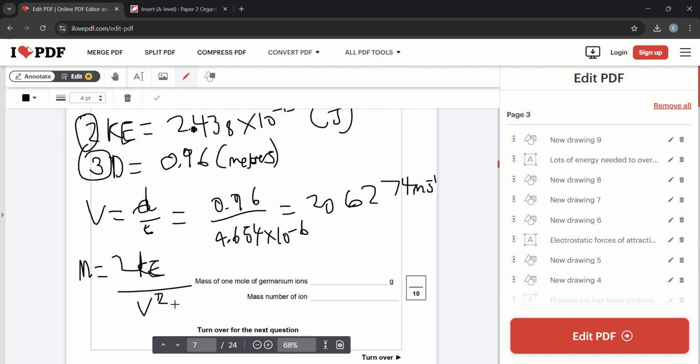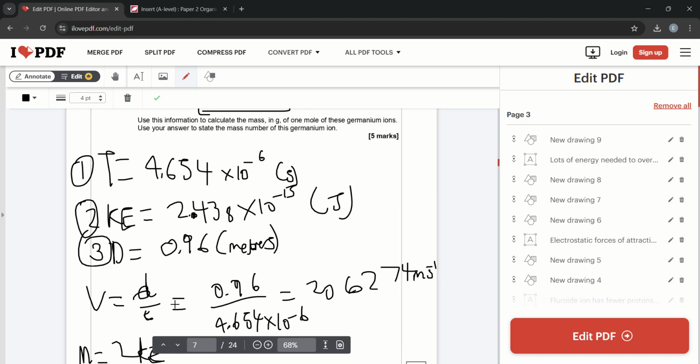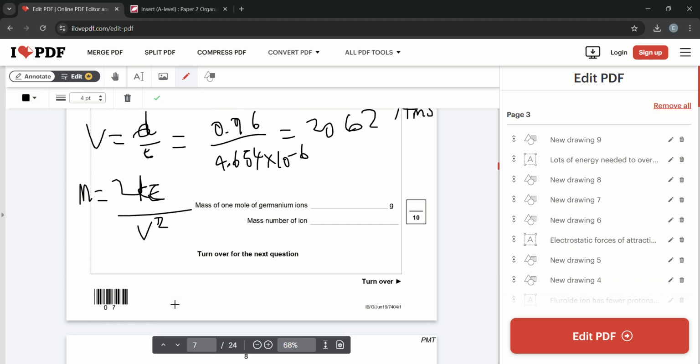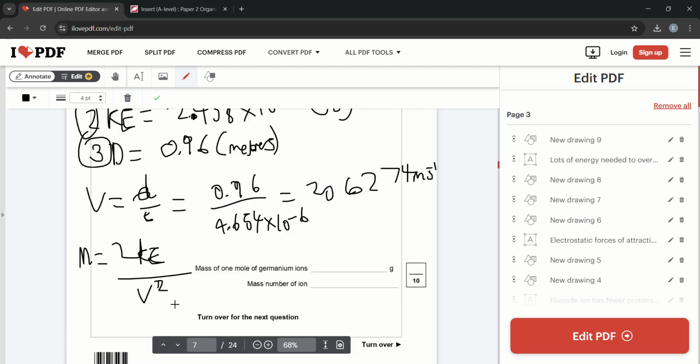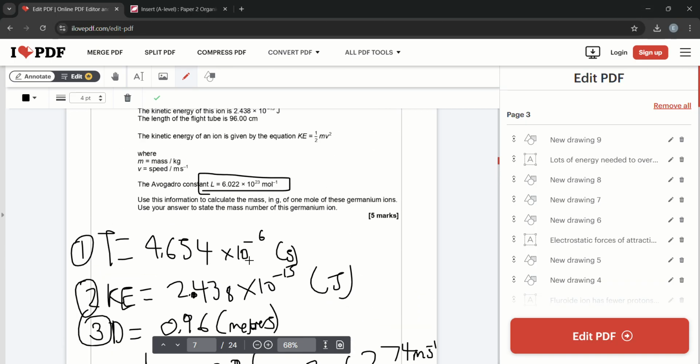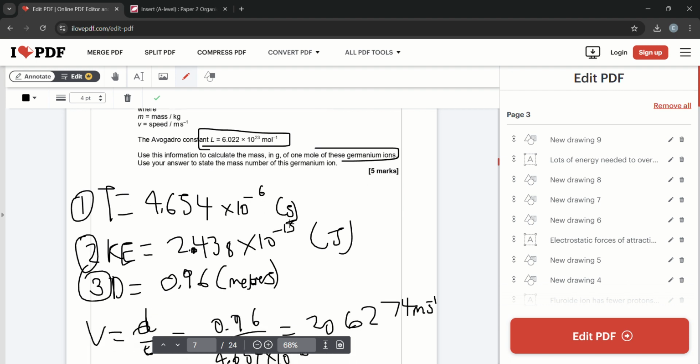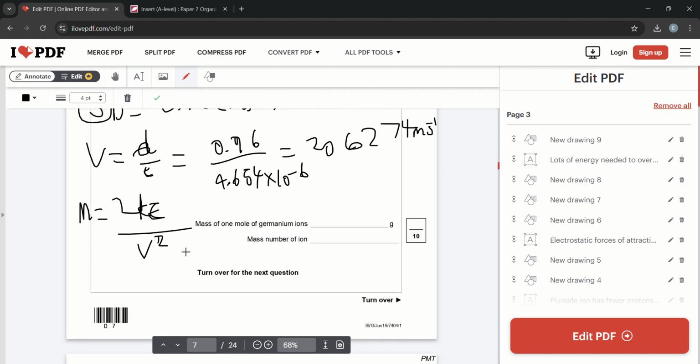So yeah, I can do that. 2 times the kinetic energy, 2.438 times 10 to the power minus 15, divided by 26,206,274 squared. And then that's the mass of the ions, but we want it for 1 mole, so we need to times by Avogadro's constant.